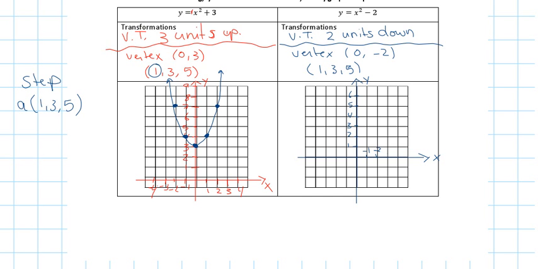Oh, these are positive, sorry. So where is my vertex? 0, negative 2, so it's going to be right here. And then where do I go from there?